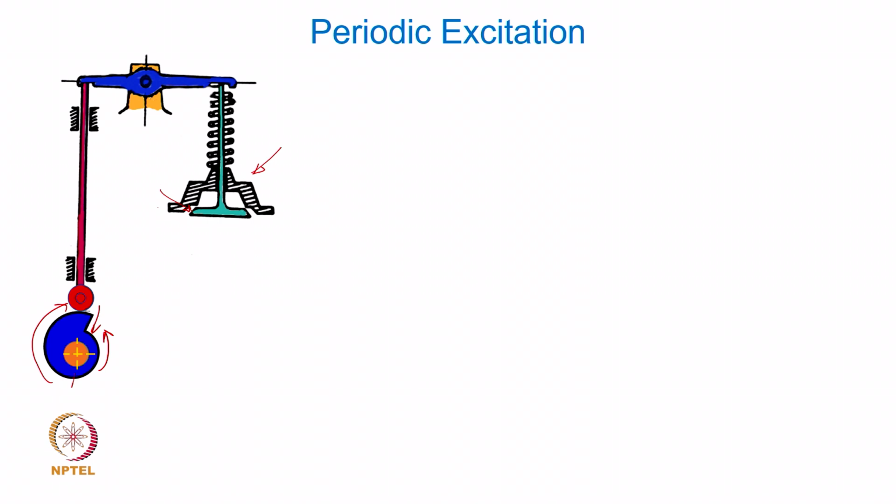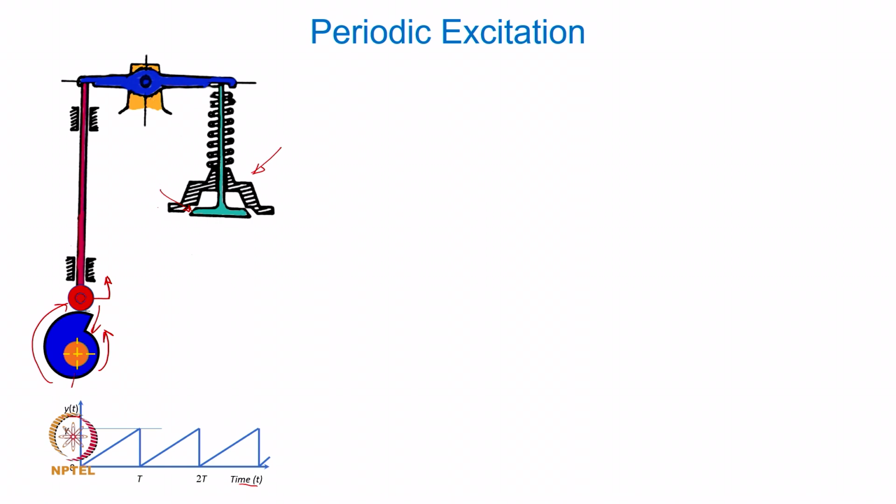Supposing the cam profile is something like what you see here, what would be the base excitation to this follower system? That base excitation can be easily approximated by this kind of variation of the base motion with time.